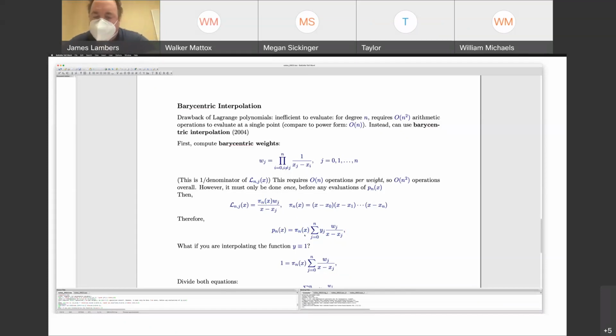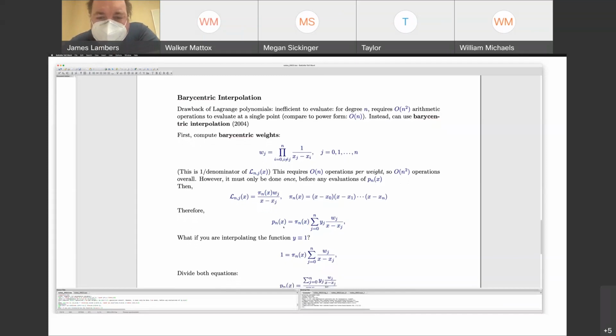Okay. Now, this is for a general polynomial. What about interpolating the function y equal to 1 for all x? Well, now I just use this formula again. But I have 1 over here, and then my y values will all be 1. So now it's just this. So this is the specialization of this equation for a case where your polynomial is equal to 1.